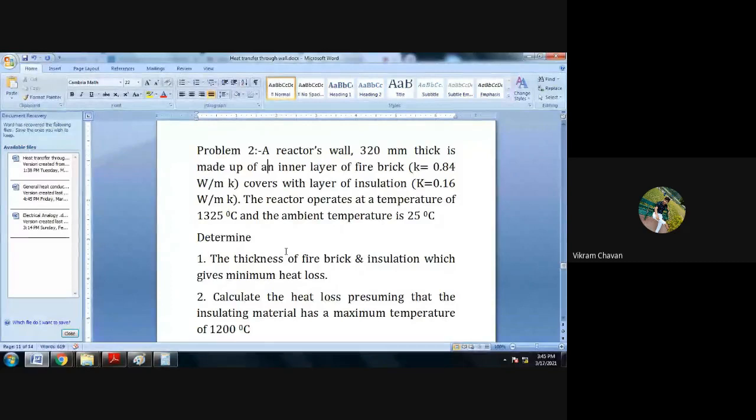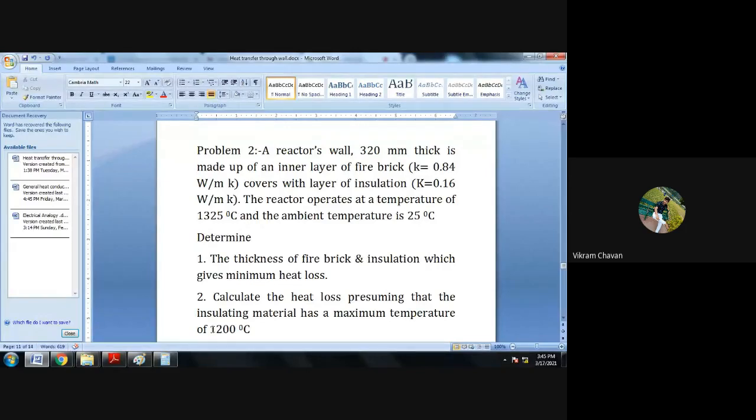The innermost and outermost temperatures are provided, and in the last point they have provided the maximum temperature of the insulating material. So which temperature is provided?